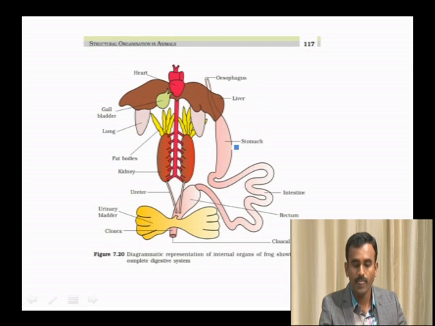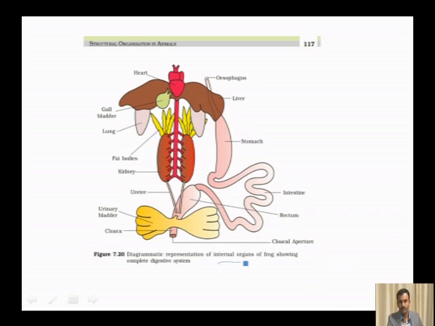Move on to the anatomical characters of the next important animal, frog. This diagram shows the complete digestive system, excretory system and a brief circulatory system of frog.